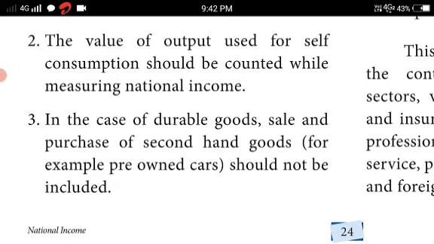It should not be included here. So this also we should take care of while measuring the factor contribution to the national income. These are the precautions of the product method. We can say demerits of the product method.